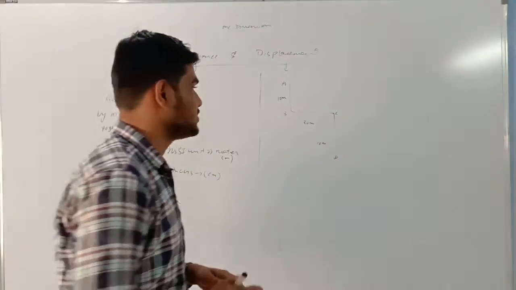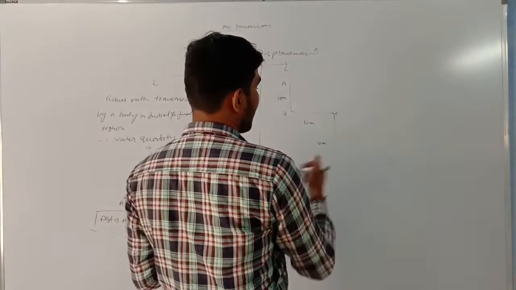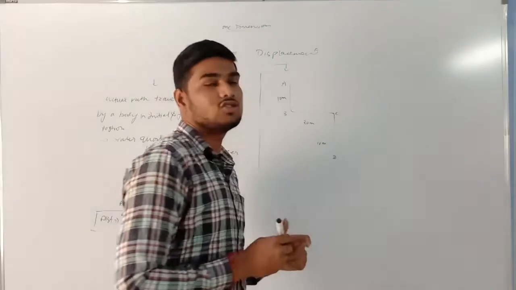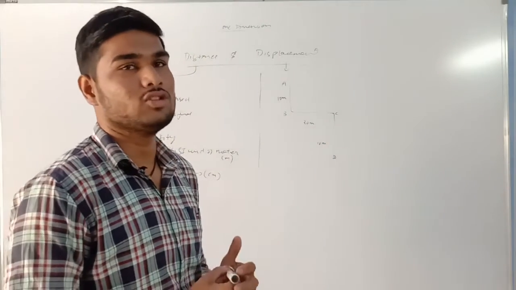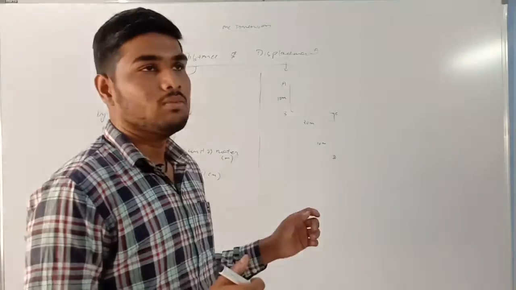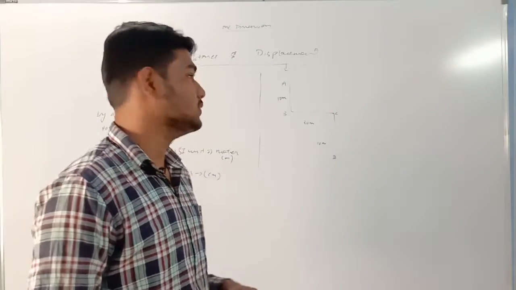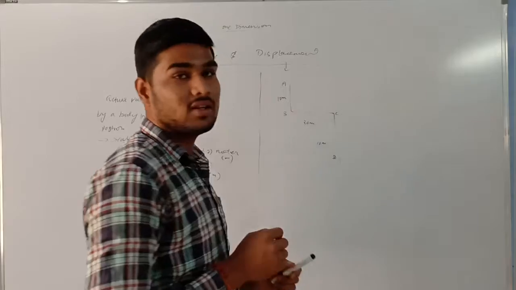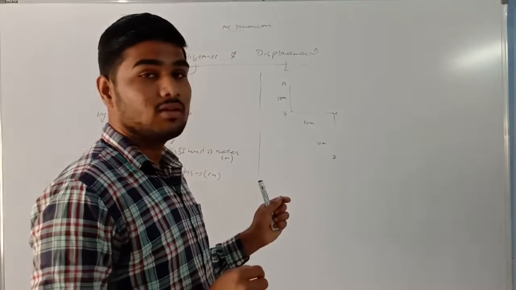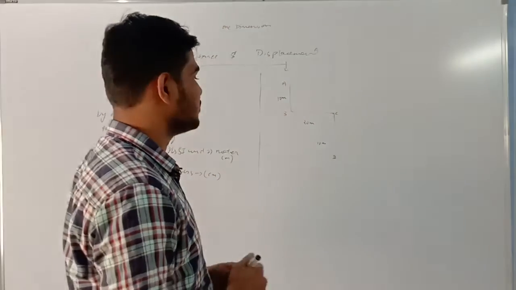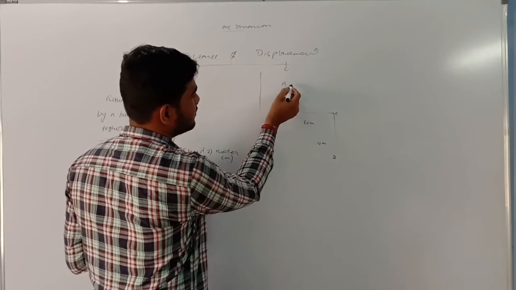First of all, we compute displacement. Okay, so what is displacement? It is the shortest distance between the initial and final position, or motion of a body in a fixed direction.